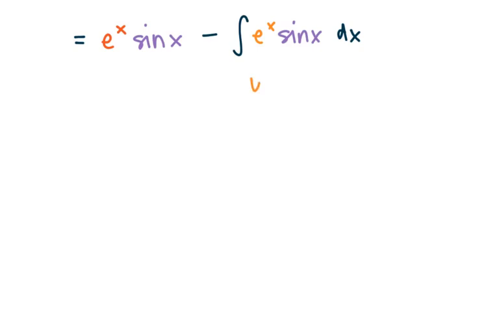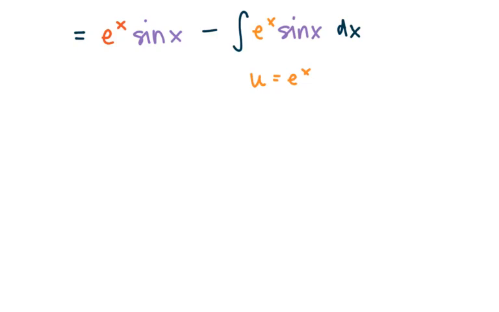I have that u equals e to the x, which would give me u prime equals e to the x, and then v prime is sine x, so v would be negative cosine x. The integral of sine is negative cosine.